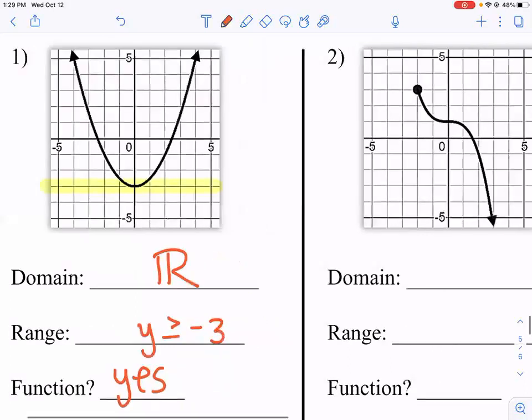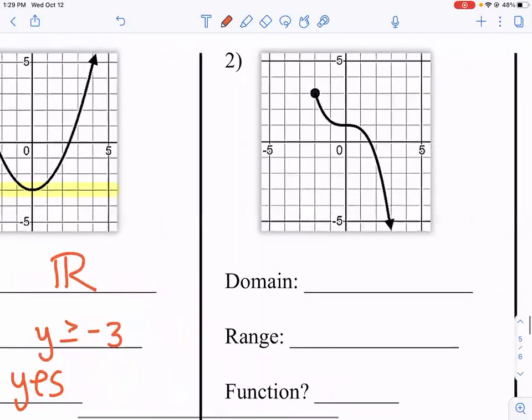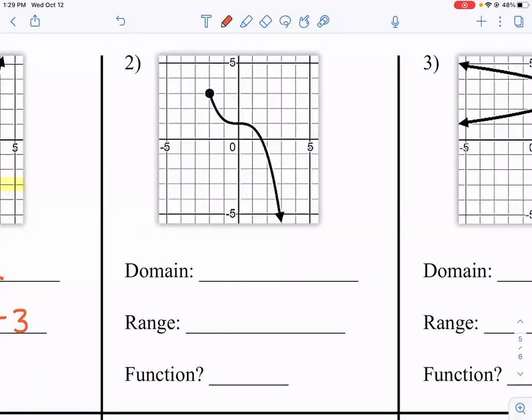All right, let's talk about the domain and range of this guy. Okay, so from left to right, are there places where I don't have anything? Yeah, I have nothing until I get to here, right? Okay, and then is it gonna keep going?